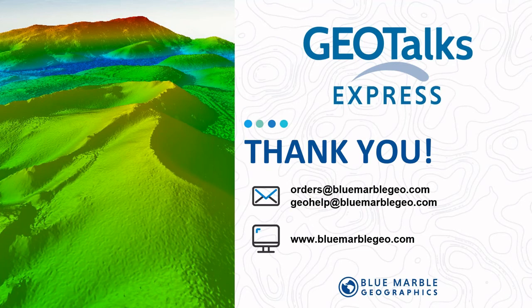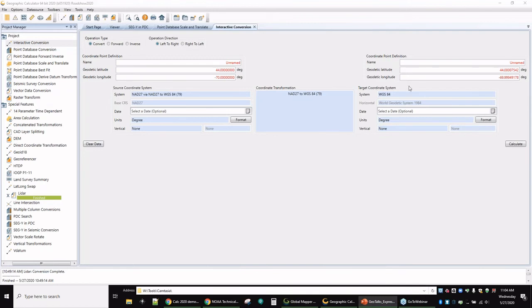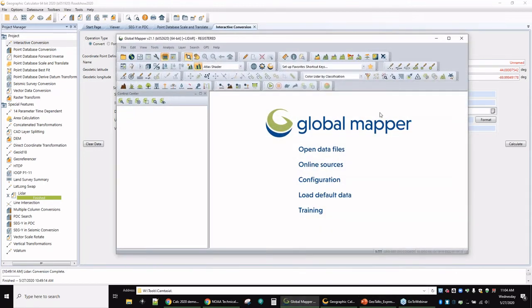So, talking about the mashup of GeoCalc mode in Global Mapper and Calculator working together. Let's talk quickly about the whats and the whys of GeoCalc mode. I'm going to back out of my slides here and let's bring these two together.